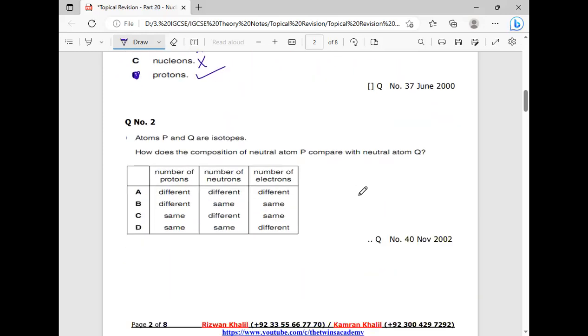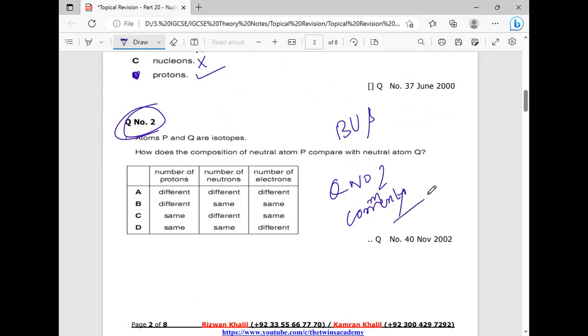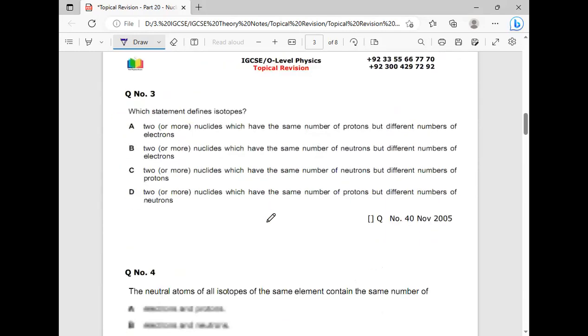Okay. Question number 2, by yourself, write the question number in comments, and write the answer in comments, which option is true. I am giving you a hint. Out of these 4 options, 1 is the correct option. Which statement defines isotopes?